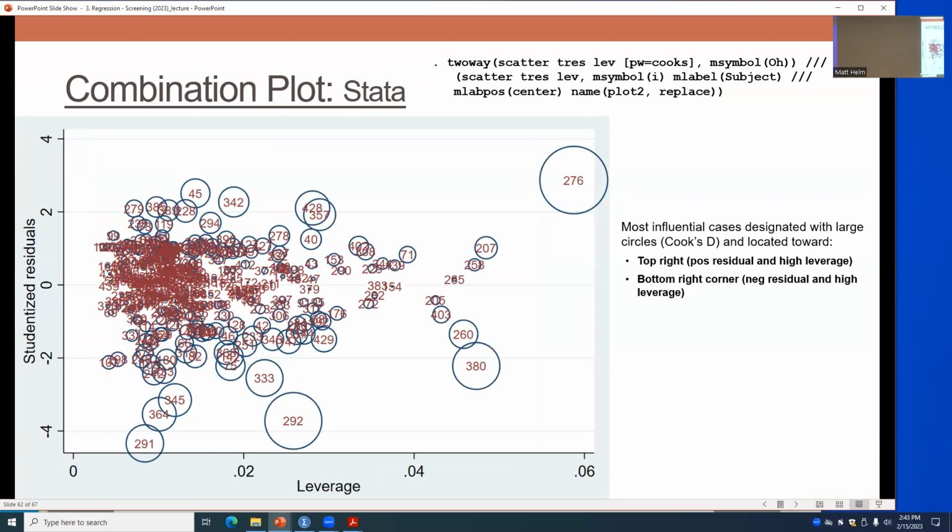Okay. It's a different plot that we're looking at here. SPSS is not so good at this, but if you start using things like Stata or R, you can start to code in different features.